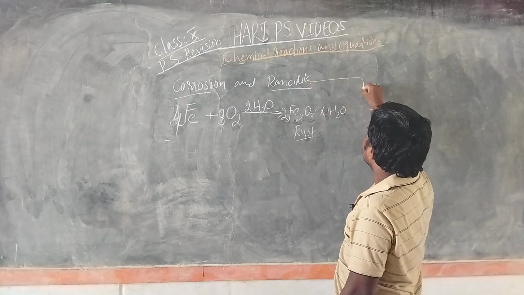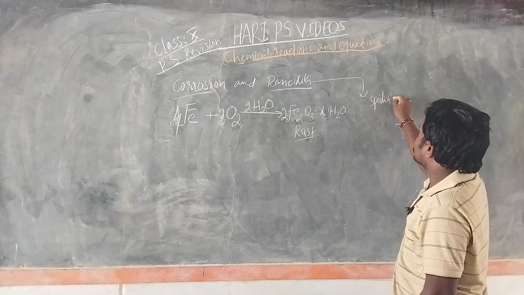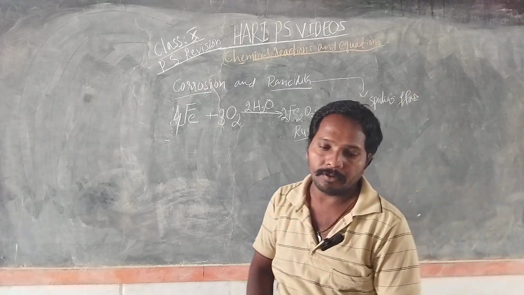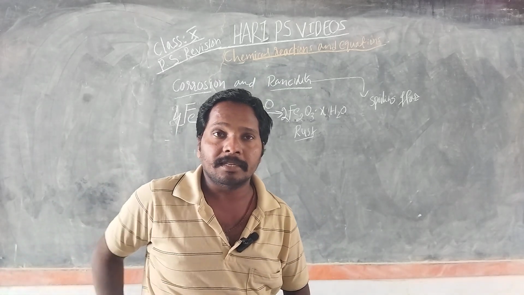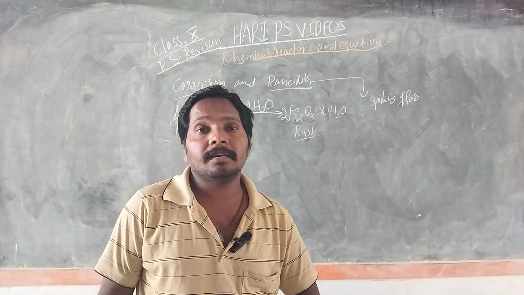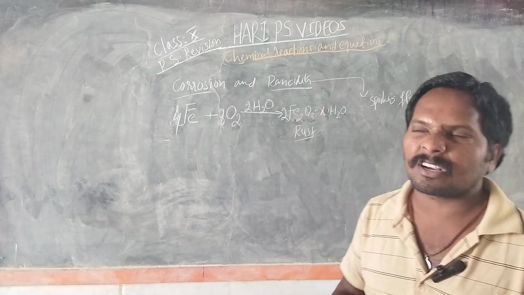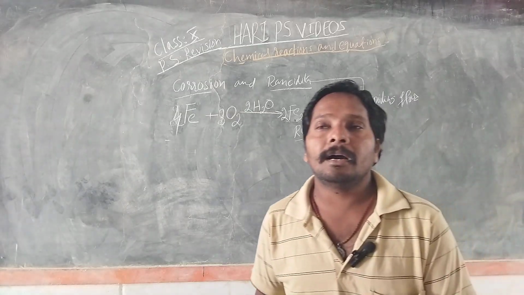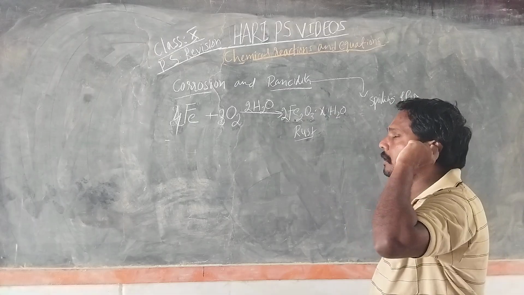Then rancidity, simply the spoiling of food. Rancidity is the condition produced by aerial oxidation. Aerial oxidation means the oxidation takes place by the atmospheric oxygen.